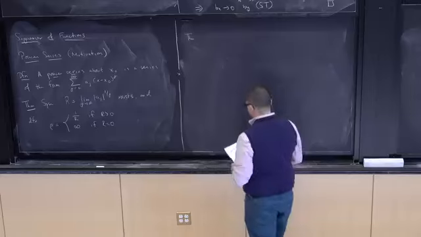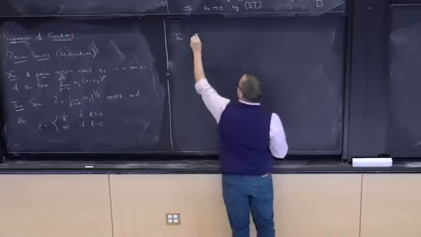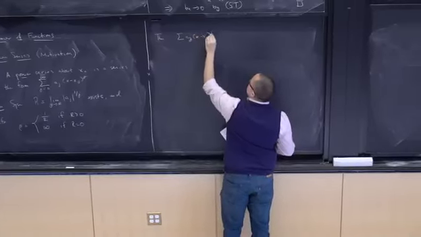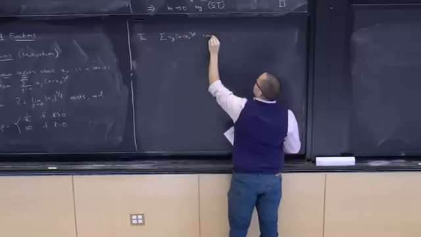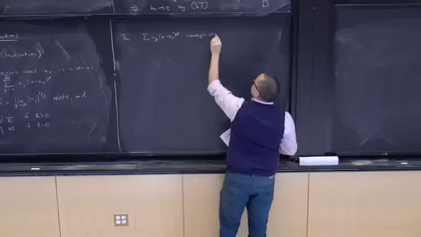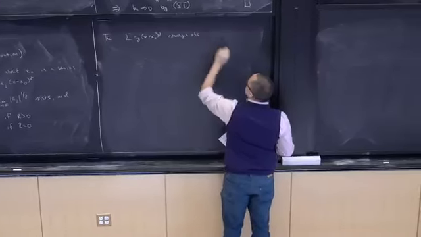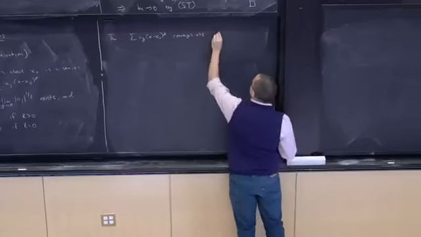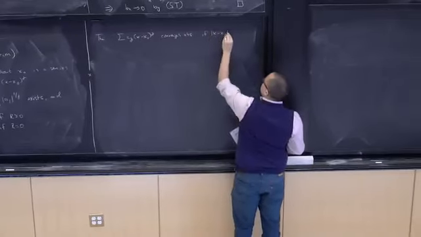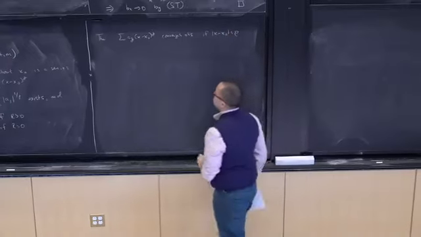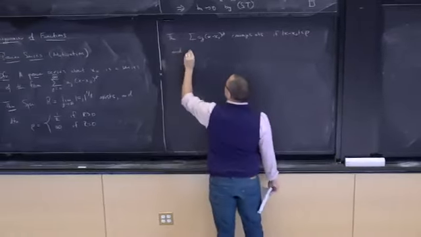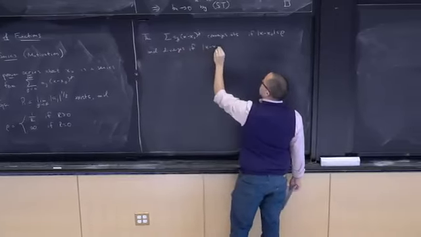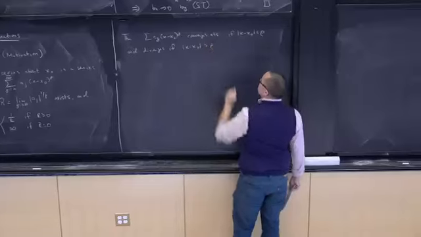Then we have the following conclusion: this power series, sum of a sub j, converges absolutely if |x minus x naught| is less than rho, and diverges if |x minus x naught| is bigger than rho.